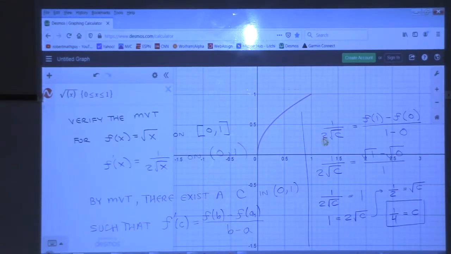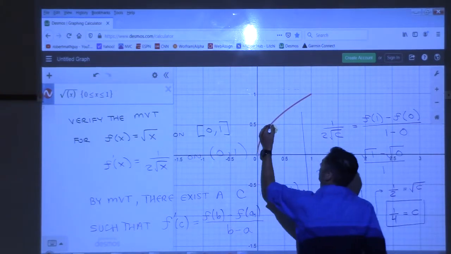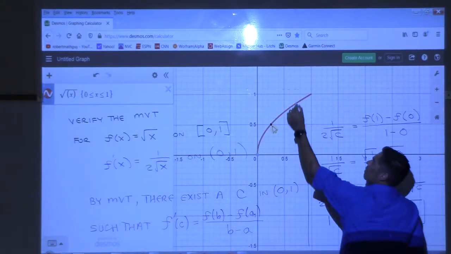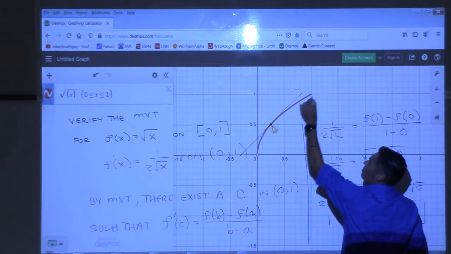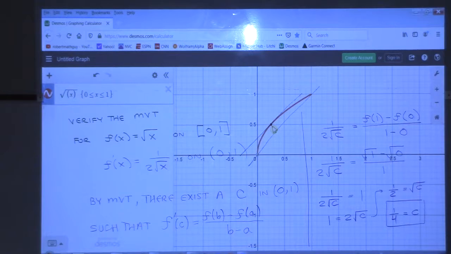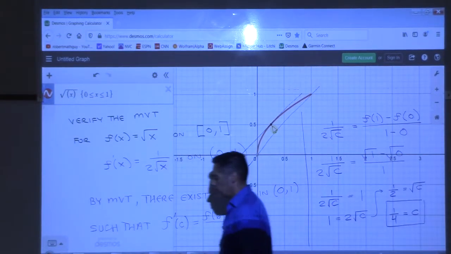Then if I go to the value on this curve of 1/4, which is 0.25, at that point right there, and I take the slope of the tangent line there, that should be equal to the slope of the secant line connecting the two endpoints of the curve. All right? Does that make sense?